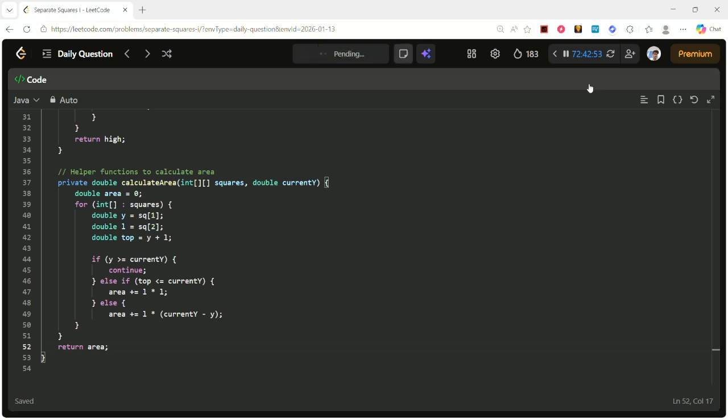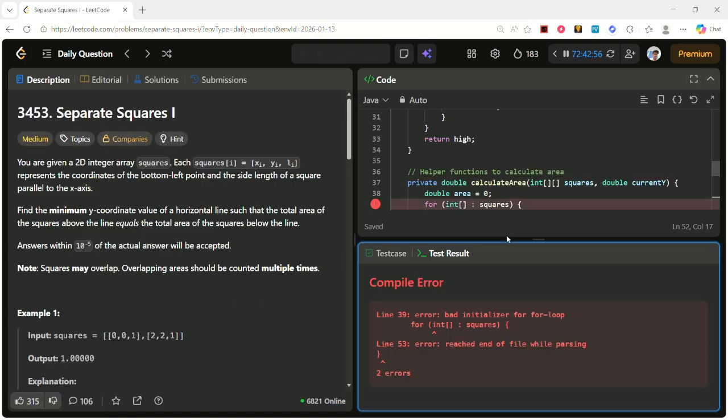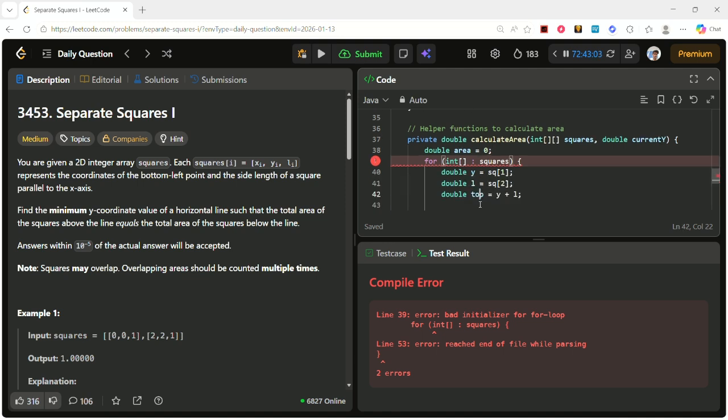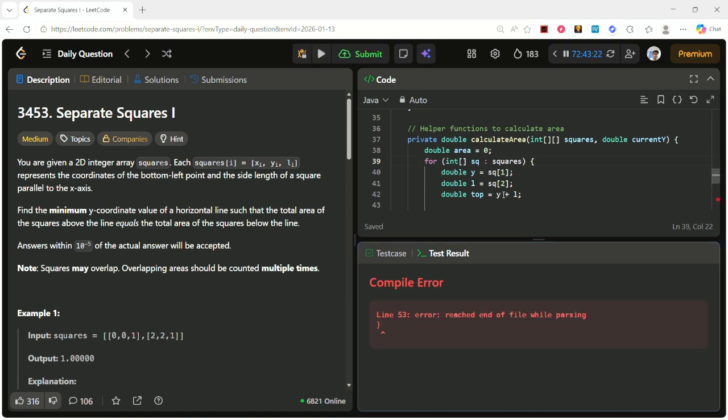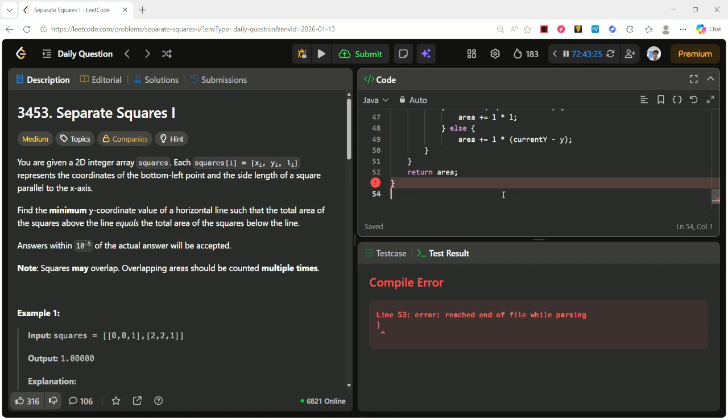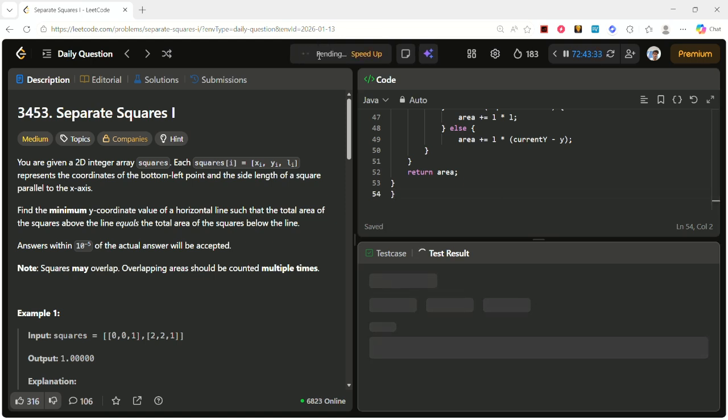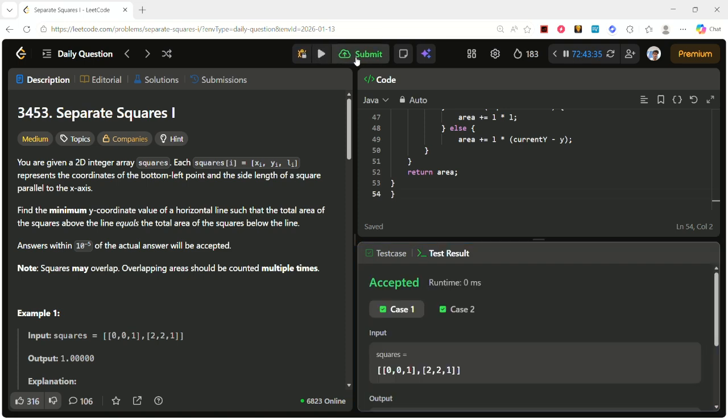After that we run the code. There was a compiler error, which we fixed. Now we run the code again, and it's accepted.